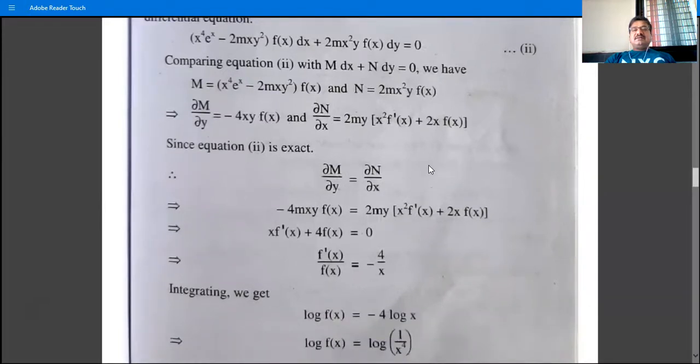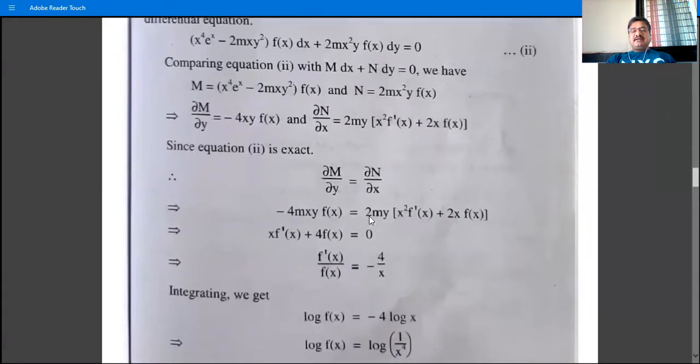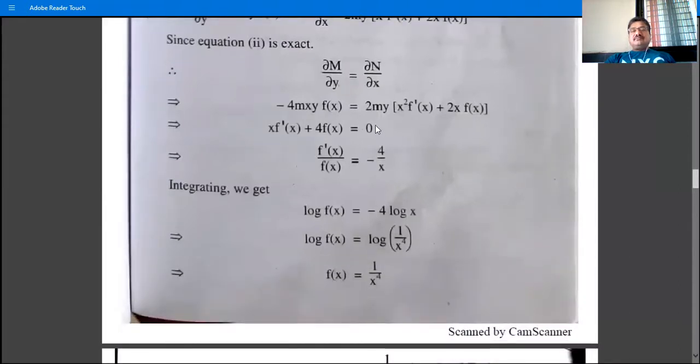And since the second equation is exact, because it is obtained from equation number 1 by multiplying by f(x) as the integrating factor, we have ∂M/∂y equal to ∂N/∂x. ∂M/∂y is this, ∂N/∂x is this, and so cancel the common factors of both sides, m and the 2, and all these factors. We have x f'(x) plus 4 f(x) equal to 0.